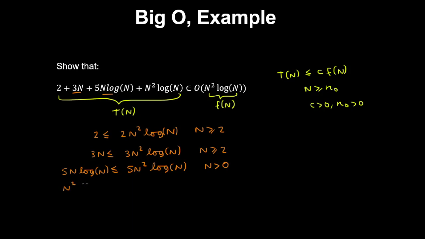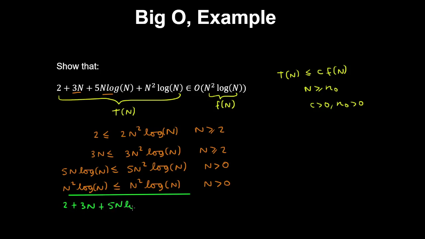And similarly, n squared log n is less than or equal to n squared log n for n greater than 0. So if we add these together, on the left hand side we get 2 plus 3n plus 5n log n plus n squared log n.